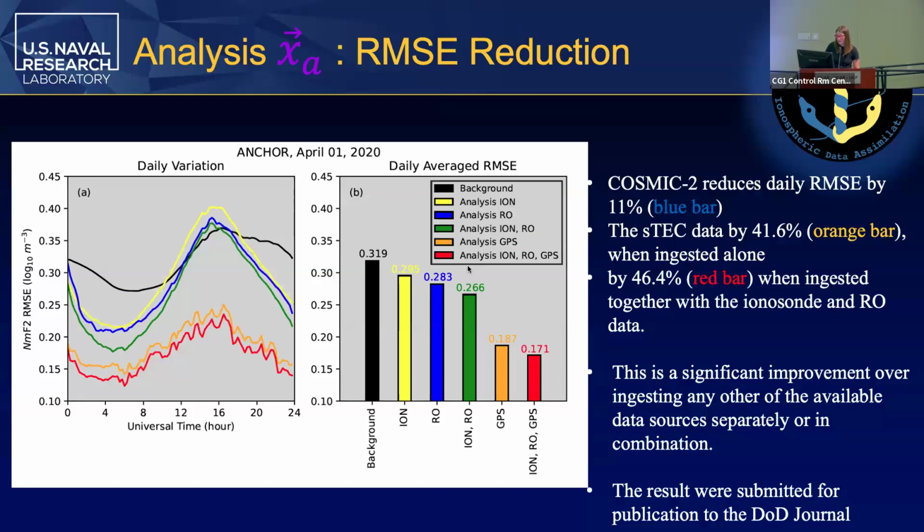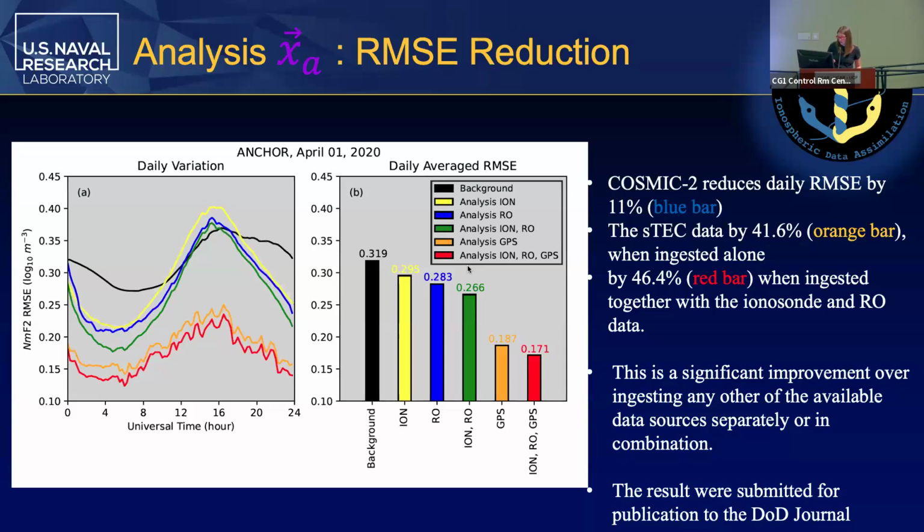Then we evaluated the influence of different data sets for ANCHOR, and that's again synthetic data. Here again, root mean square errors. We start with the black line, which is our PyIRI model. If we add only ionosondes, we are improving basically from 0.3 to 0.2 in terms of root mean square errors.